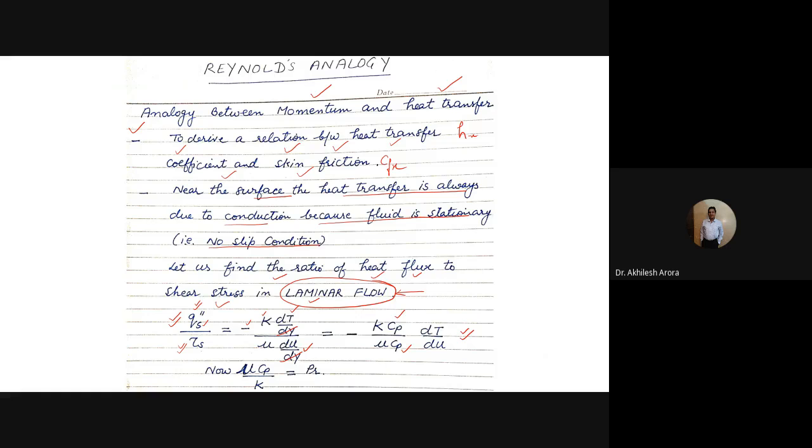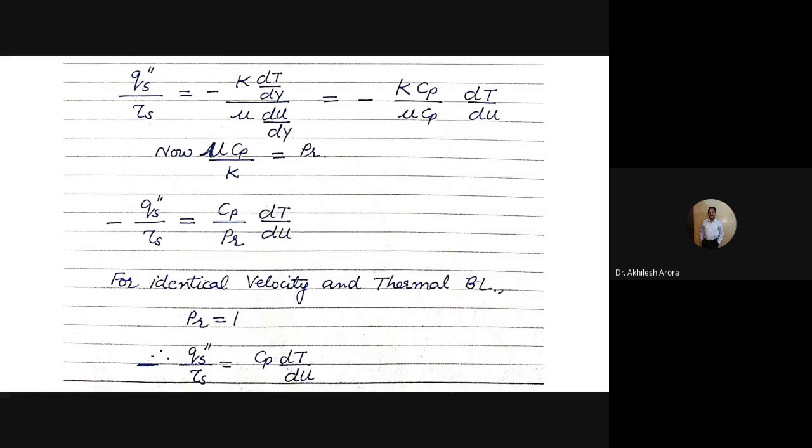Now, you must know that the Prandtl number is given by mu Cp by K. You can see here this term appears here. That was the particular reason that we multiplied and divided by Cp. So that is the same equation which I have written on the last page. I can now write that minus Qs double dash divided by tau s is given by Cp divided by the Prandtl number, times dT by du.